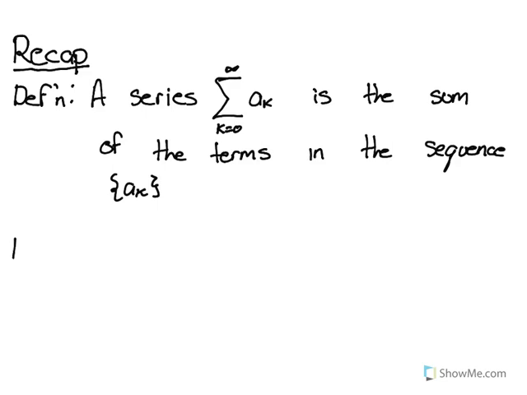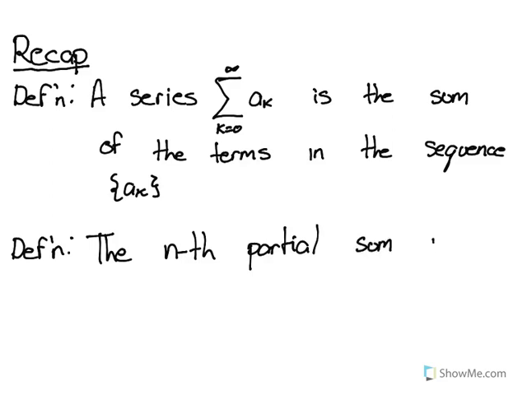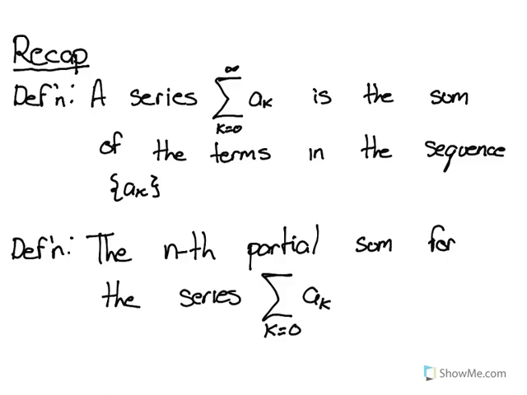And then we defined the partial sums. So the definition: the nth partial sum for the series, k equals 0.